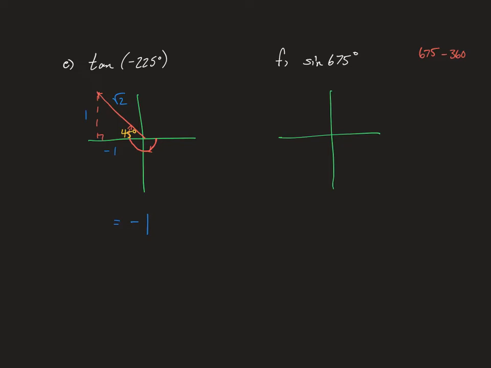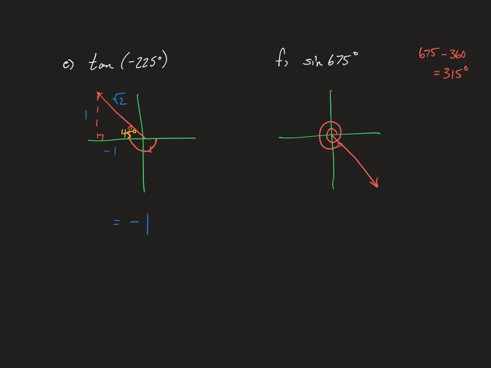And if I take 675 and I subtract 360, I get 315 degrees. So on my diagram, I am going to go around a full rotation and then another 315 degrees. That is going to put my terminal arm into quadrant 4.